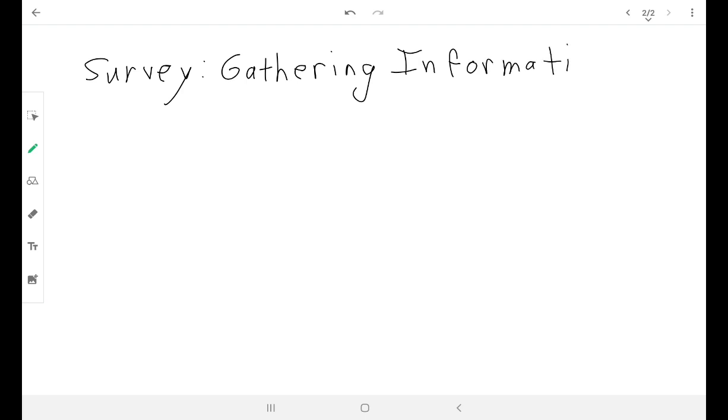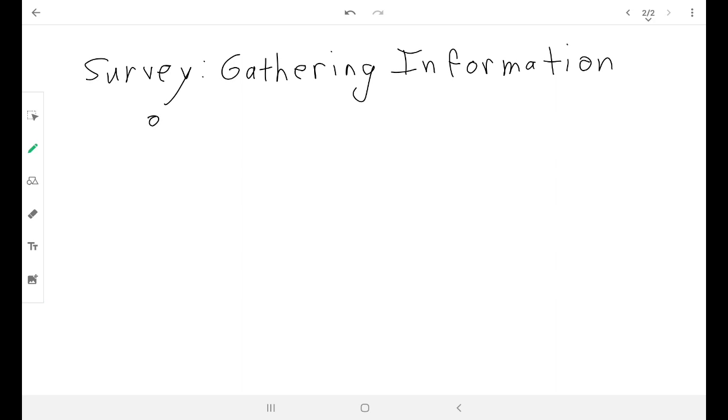So let's talk about each of these individually. A survey is gathering information. It's a very passive thing. It's something where you don't interact at all, or interact very little. You're not doing anything to measure an outcome of any sort. You're just gathering information.